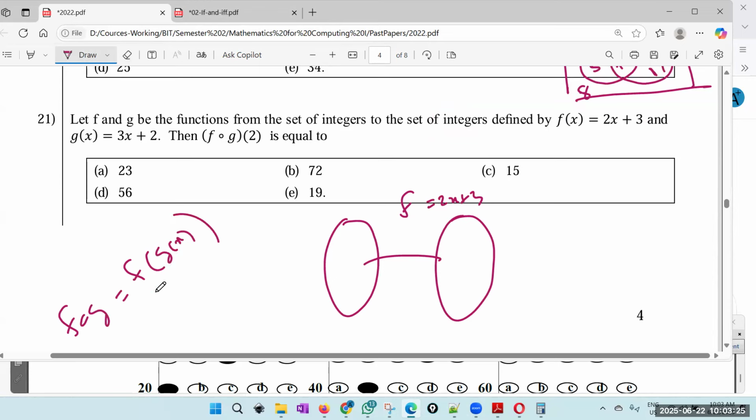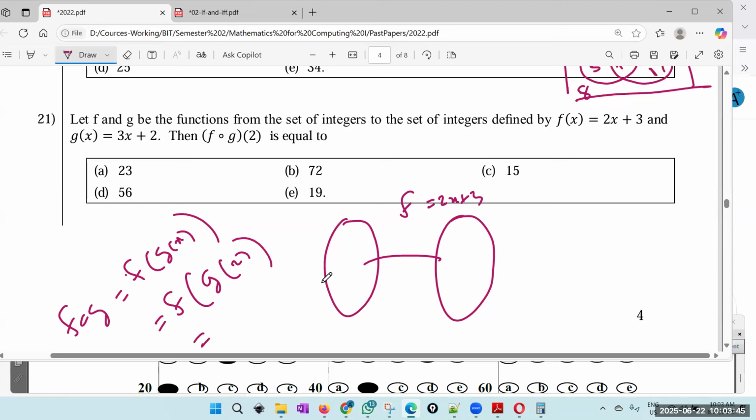So you need to first do g(x) and then do f.